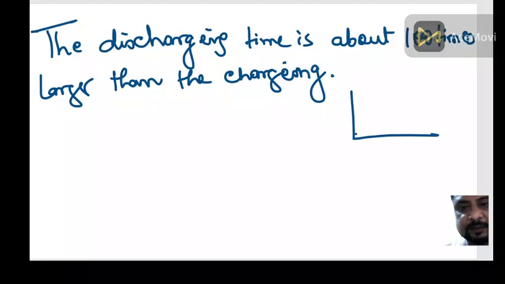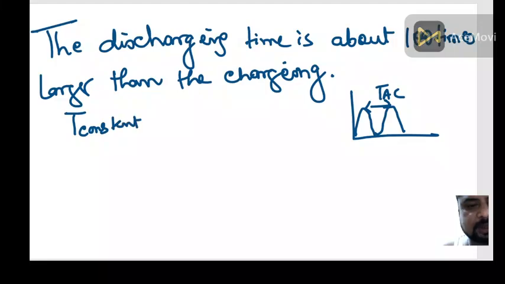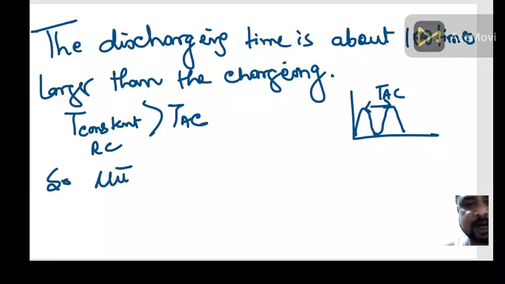This is the basic factor, that between two peaks of AC, the time constant RC is much larger than T AC.